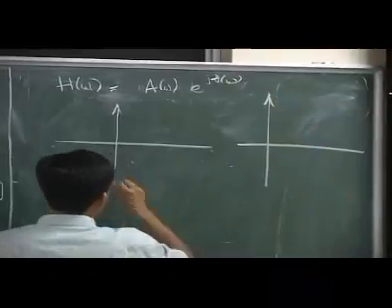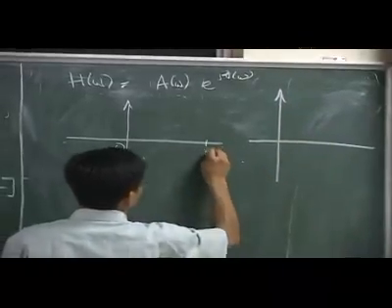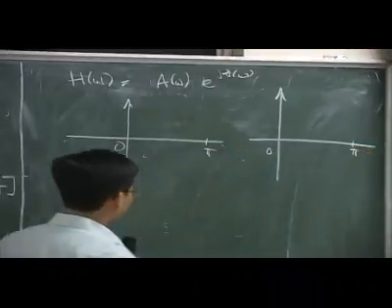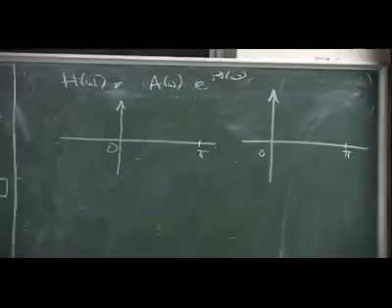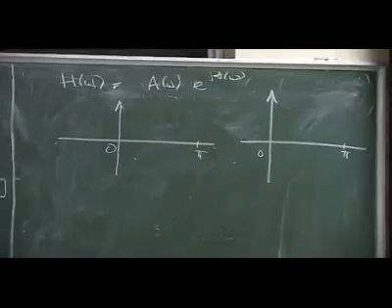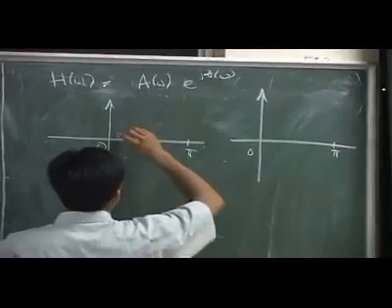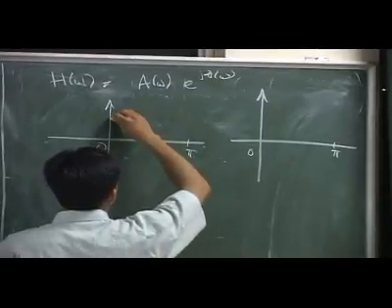Let me just draw the thing from 0 to pi. For example, the A here, let's say the A coming something like this.